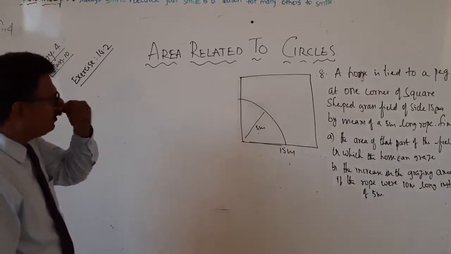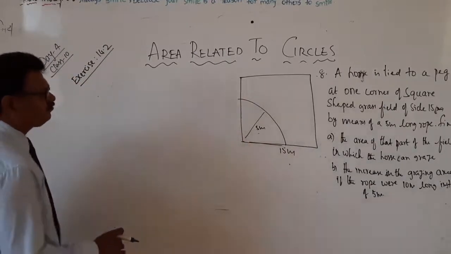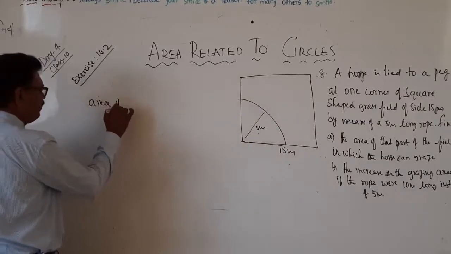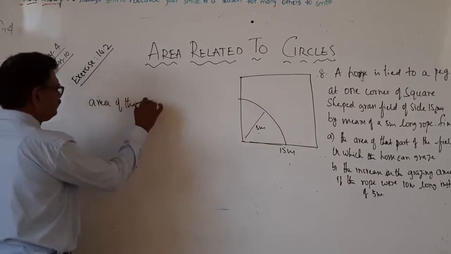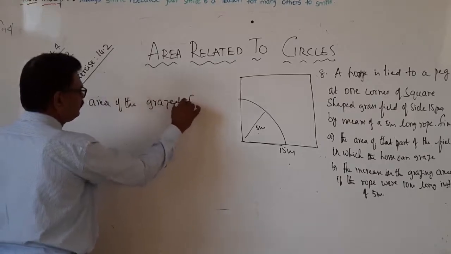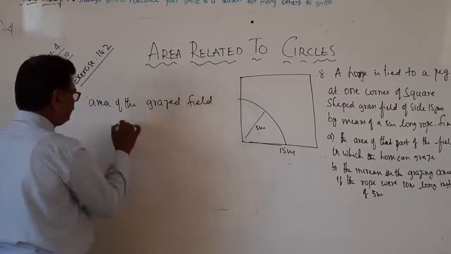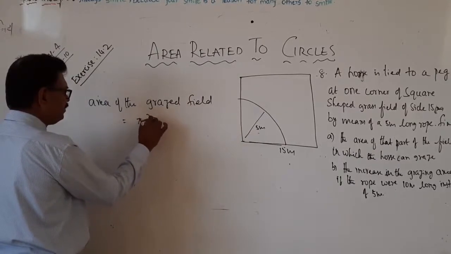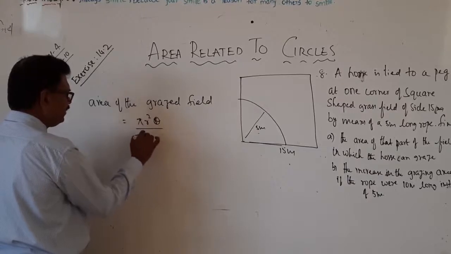Now you see. First we will find the area of the grazed field, which is equal to pi r square theta by 360.